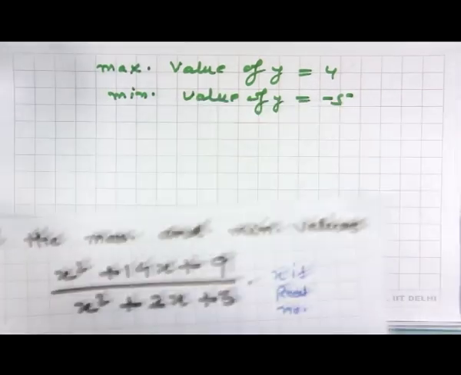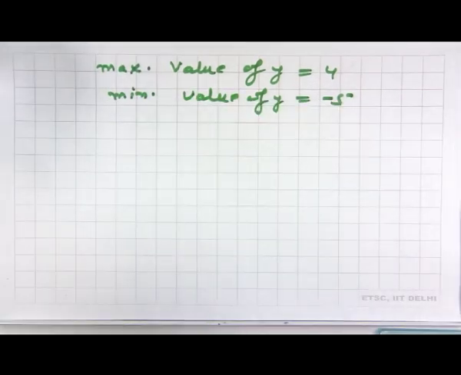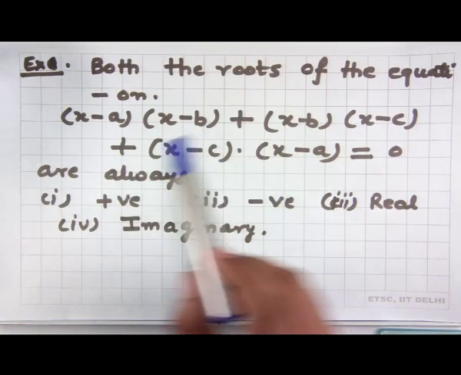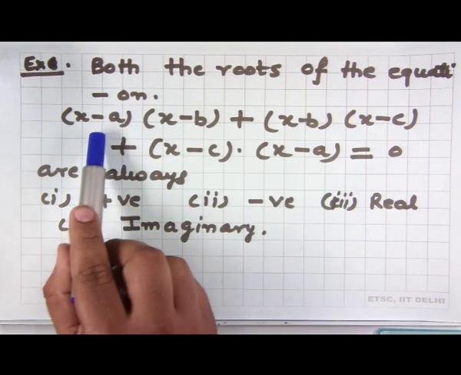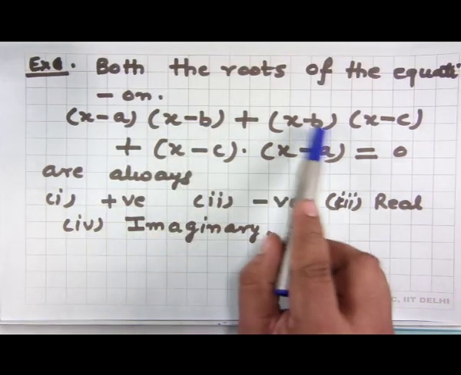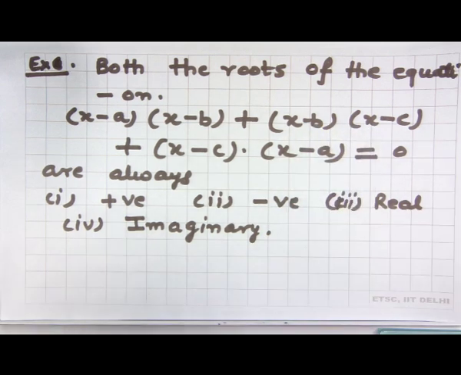Now let us discuss another problem. Both the roots of the equation (x minus a)(x minus b) plus (x minus b)(x minus c) plus (x minus c)(x minus a) equals 0 are always positive, negative, real or imaginary. You have to find out whether the roots of the above equation will be positive, negative, real or imaginary.